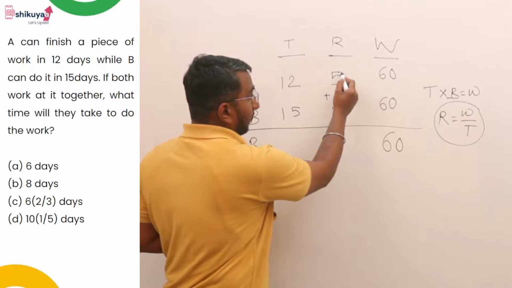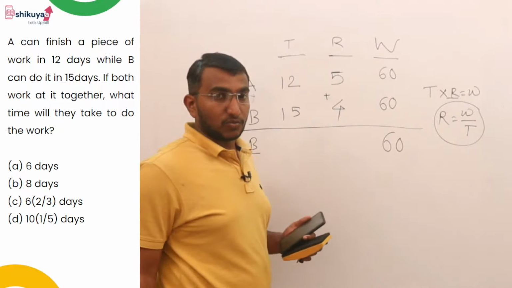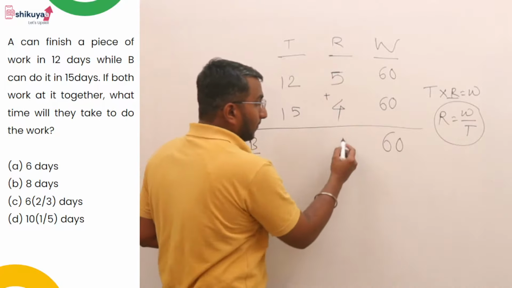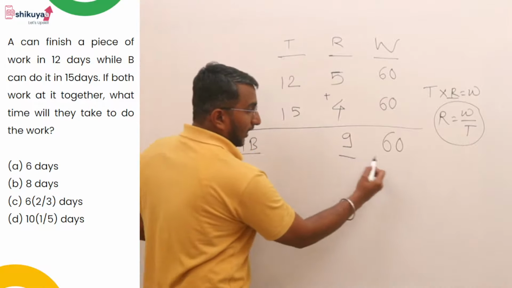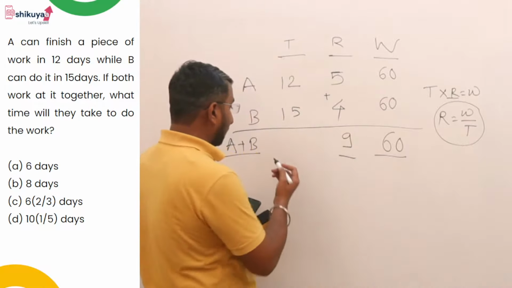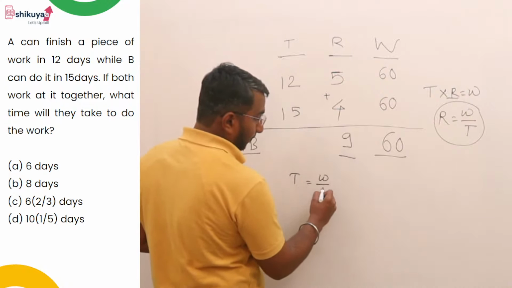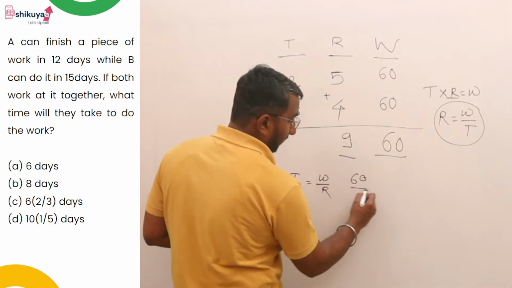The rate with which A works is 5, the rate with which B works is 4. So when both of them work together, their rates will be added together, right? Now I have the rate and I have the work done. So how can I calculate the time? Time is equal to work upon rate. So here, 60 divided by 9.